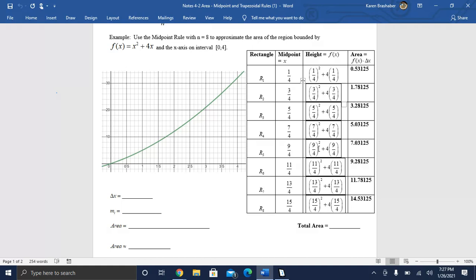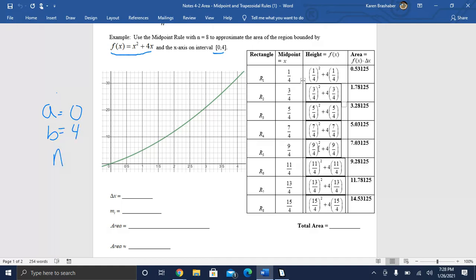The first thing to notice is that the function is f of x equals x squared plus 4x, and that our interval is from 0 to 4. So we'll be working with the graph that is shown. And the first thing that I'm going to do is calculate delta x. So again, a would be 0, and b is 4.